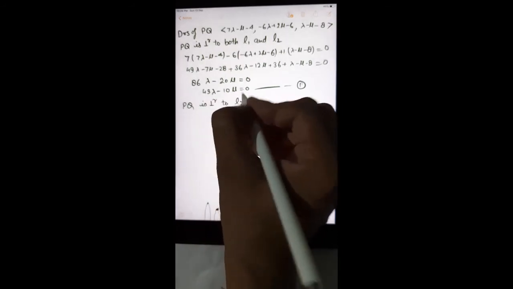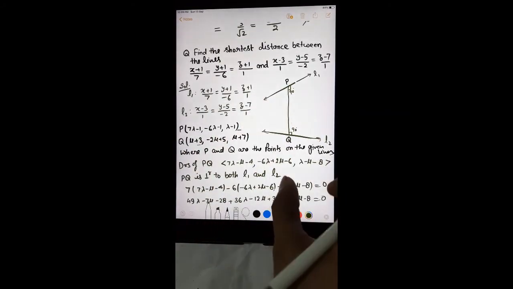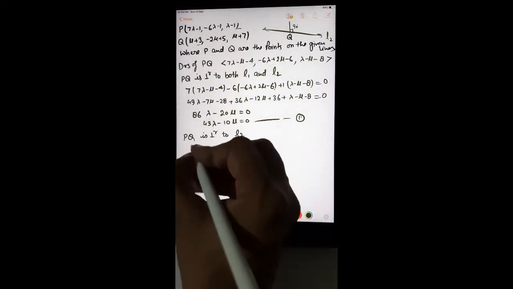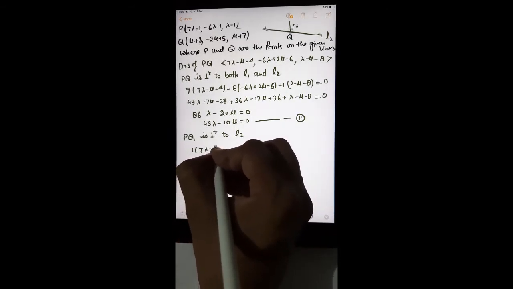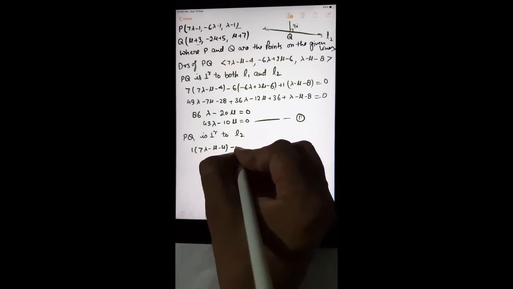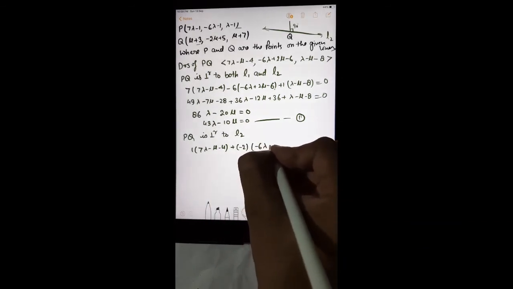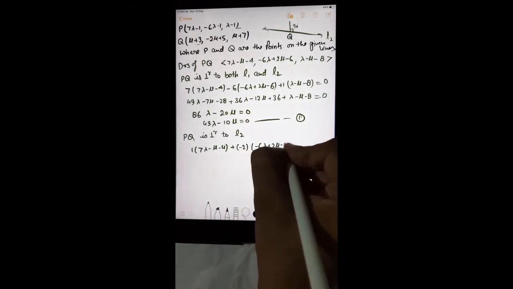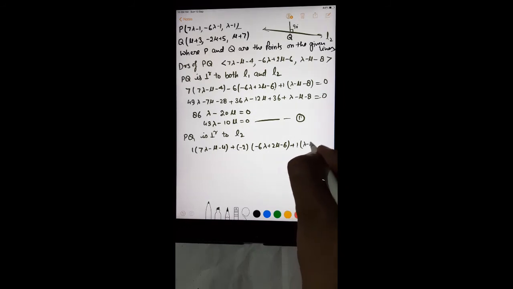Now PQ is perpendicular to L2 also. So the direction ratio of L2 are 1, minus 2 and 1. So 1 into 7 lambda minus mu minus 4 and minus 2 into minus 6 lambda plus 2 mu minus 6 and plus 1 into lambda minus mu minus 8 is equals to 0.